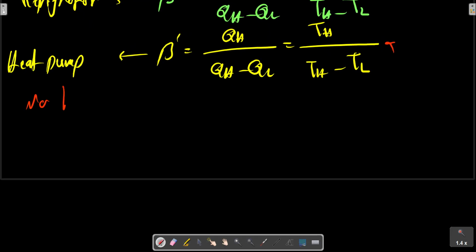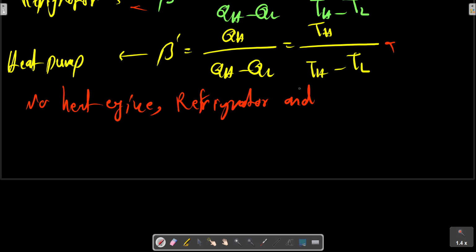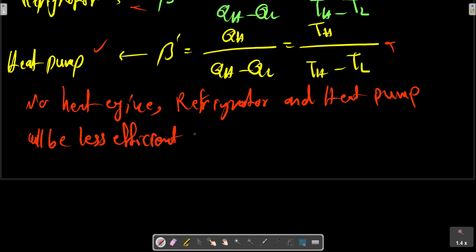Now heat engine, subsequently refrigerator and heat pump will be less efficient than the Carnot cycle with the same temperature.